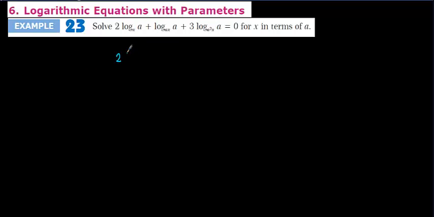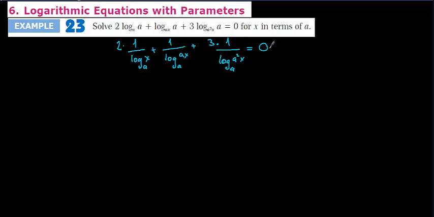So this is going to be 2 times 1 over logarithm base a of x plus 1 over, we don't have any coefficient here, logarithm base a of x plus 3 times 1 over logarithm base a square of x, is equal to 0.